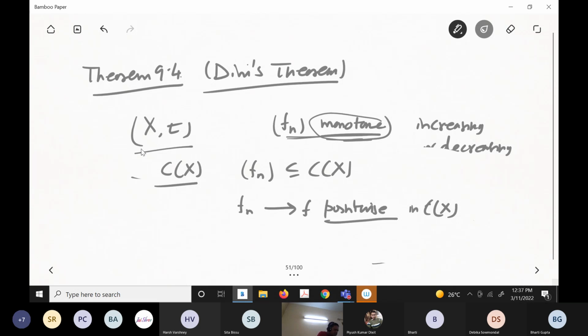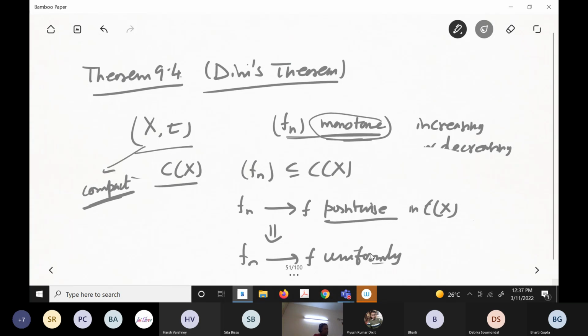Here he has assumed that X is compact. Then it implies Fn actually converges to F uniformly. Look, it's a very special case. I am taking compact here, I am taking monotone functions.